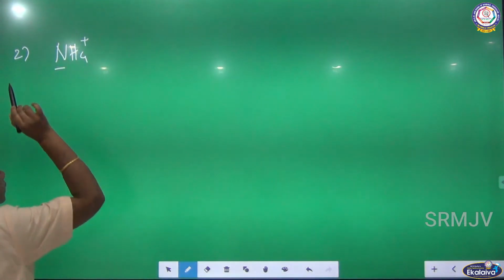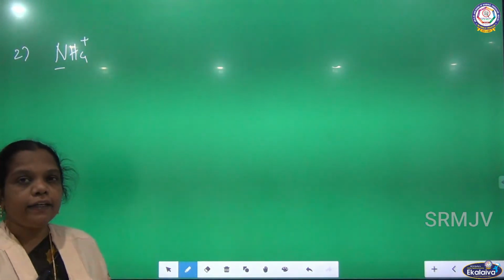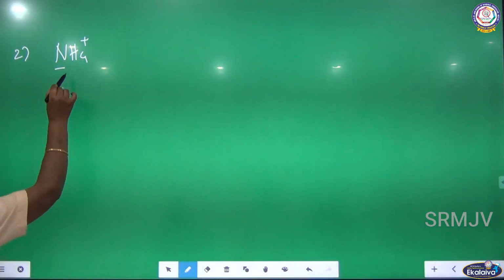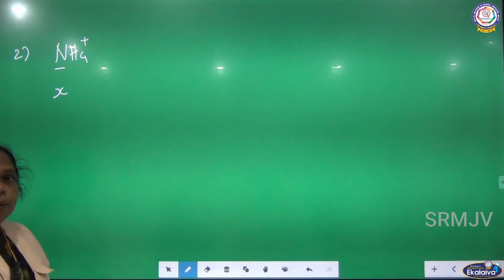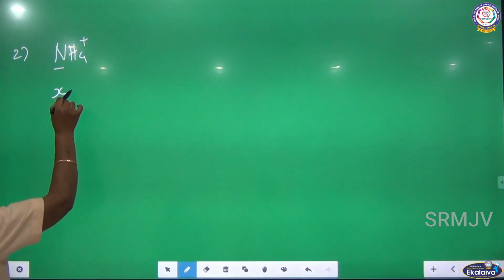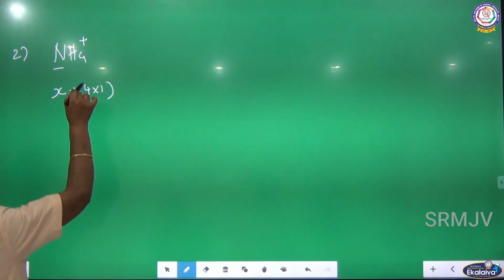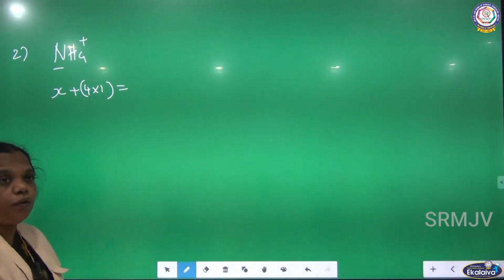NH4+. In this case you want to find the oxidation state for nitrogen. So this is taken as X, and how many hydrogens are there? 4 hydrogen. The oxidation state of hydrogen is +1. So 4 into 1 equal to the total charge of the ion. What is the charge?